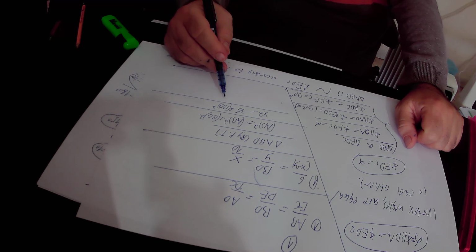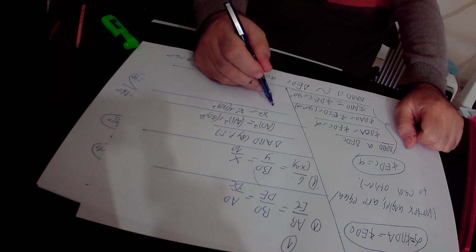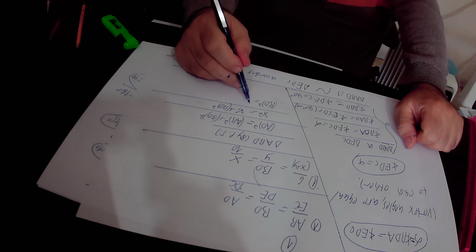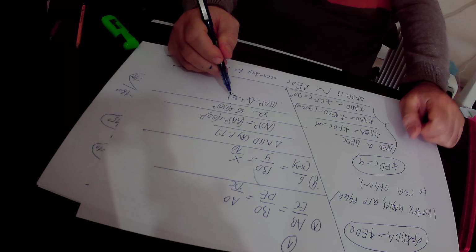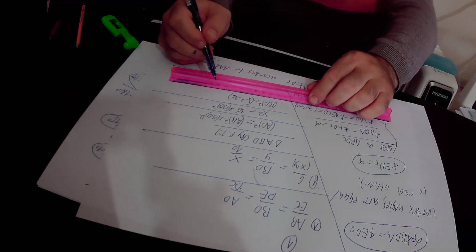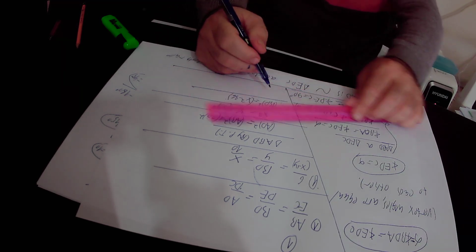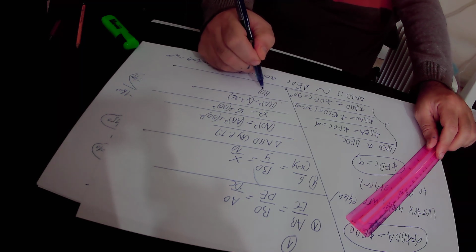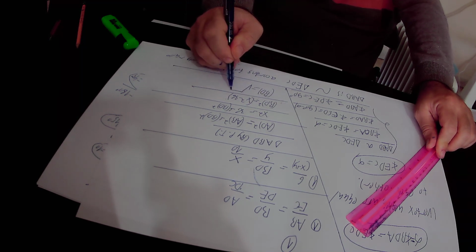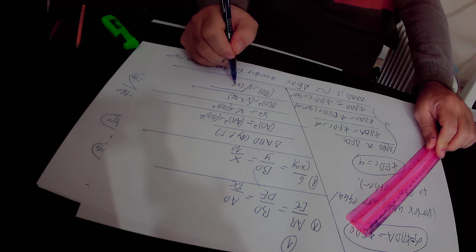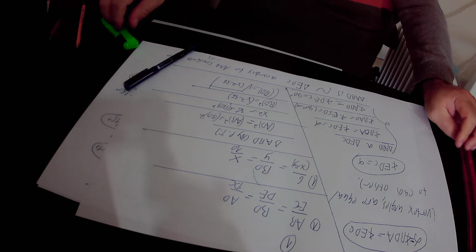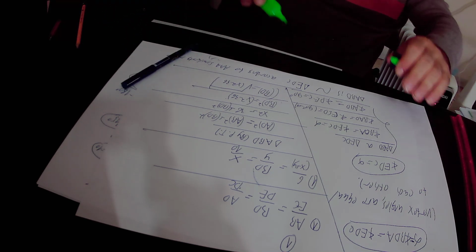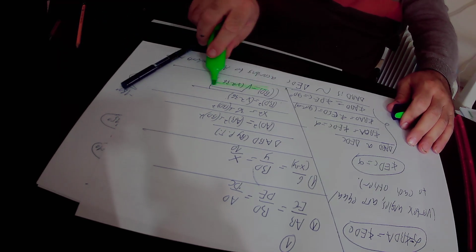Here we'll subtract 36 from this equation, and we'll get that BD squared is equal to x squared minus 36. We'll take the root, and we'll get that the value of BD is equal to the square root of x squared minus 36. Okay, we found the value of BD.